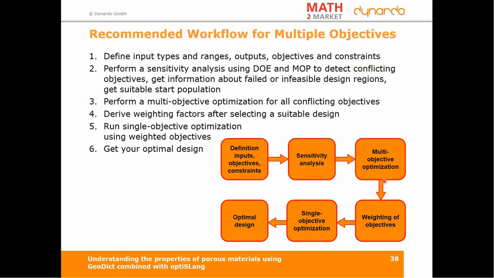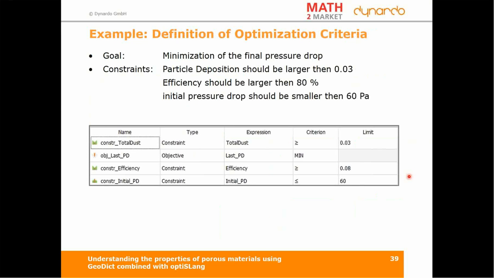In the suggested workflow, you would use the multi-objective optimization like we have shown already. Then you can go on and weight the objectives, or you can reduce the number of objectives and replace them with constraints. And then you can make the single objective optimization, and then you can validate this best design.